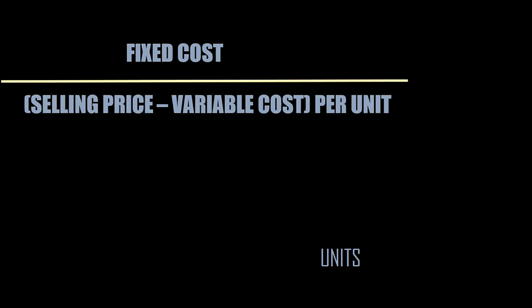So you are just dividing that from the fixed cost. The bottom part actually gives out what you are making per unit. So when you run the numbers, you are going to get the number of units you need to sell to reach the break-even point. And after reaching that point, your business will start making a profit.